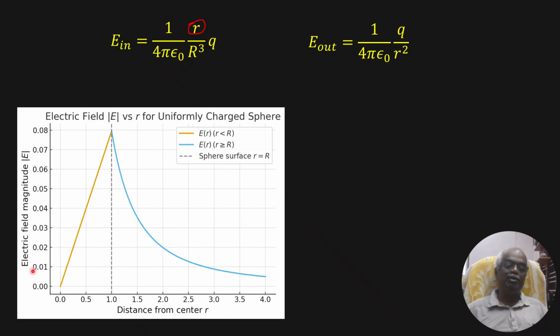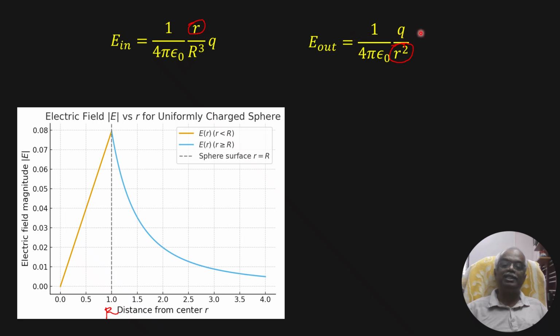If you draw the graph, the y-axis is modulus E and the x-axis is distance. You will get a linear relation up to R, where R represents the radius of the sphere. Beyond the radius of the sphere, the electric field outside is inversely proportional to r squared.